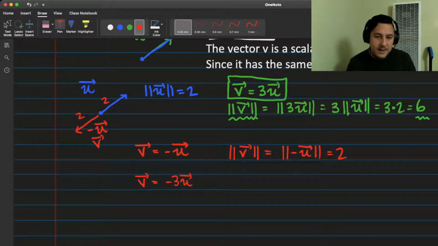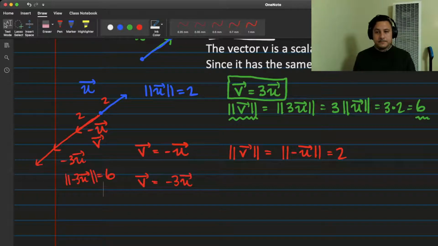Well, you'd point in the opposite direction of u, but you would be 3 times as long. So negative 3u would look like this. Here's u. Negative u points in the other direction. Negative 3u points in the other direction and is 3 times as long. In other words, this would have a magnitude of 6 and point in the opposite direction.